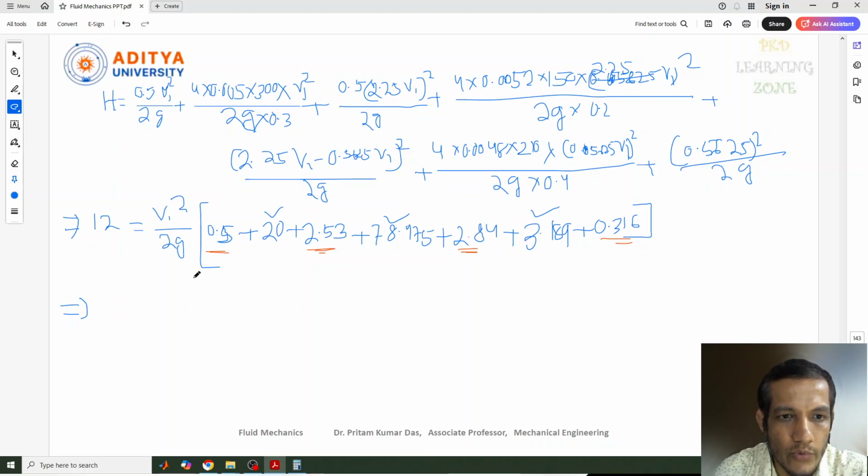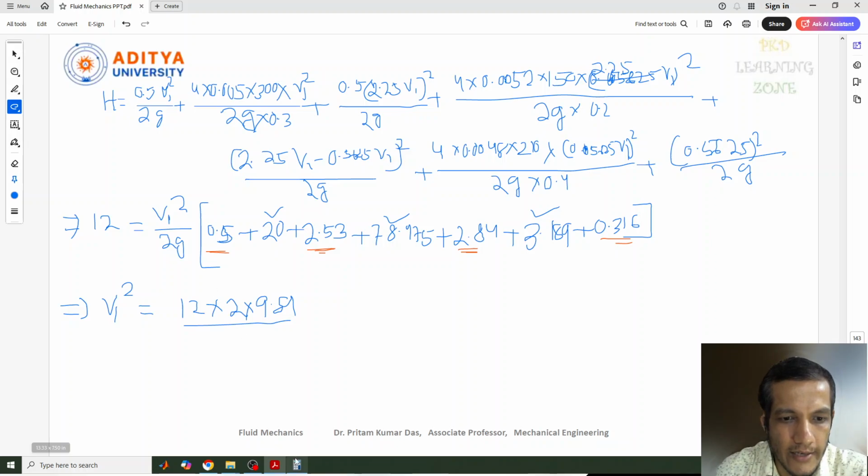So now what I'll do here, I'll just add all the things and I'll take this to here. That means what I want to say, I want to find out the V1 value. So any one velocity if you identify, then we can calculate the rate of flow discharge. So rate of flow discharge, what I'll do, just I'll write V1 square equal to 12 into 2 into 9.81 divided by all this value what we got here.